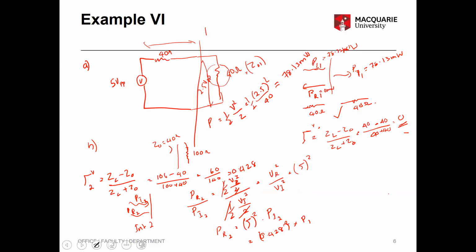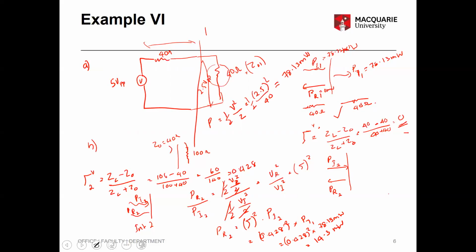PT1 is 78.13 milliwatts, and you get an answer of about 14.3 milliwatts. So you know the incident power P incident 2, and you know P reflected 2.